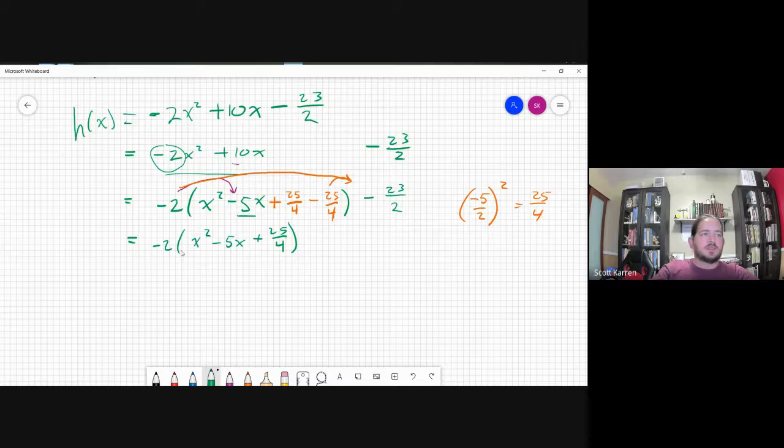But this minus 25 over 4 multiplied by negative 2 turns into a plus, and it's just 25 over 2. But then I have minus 23 over 2, so that's actually a nice thing because that gets rid of this fraction on the outside. This turns into plus 2 over 2, which is 1.